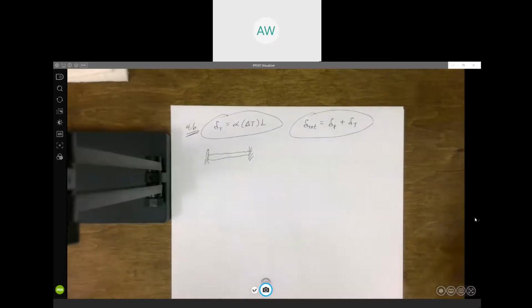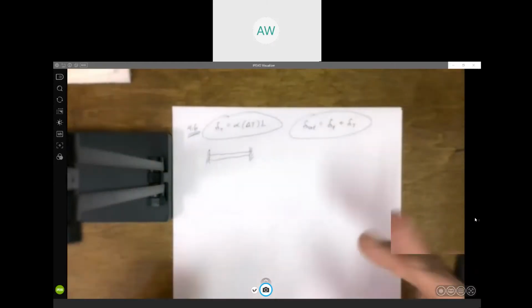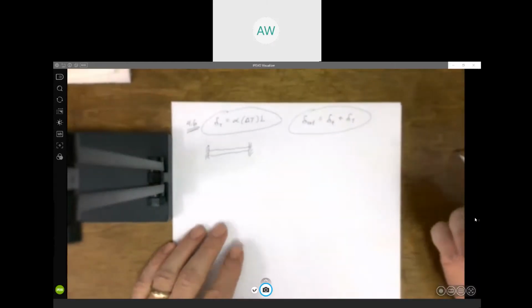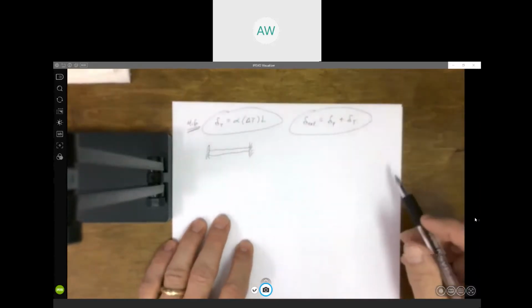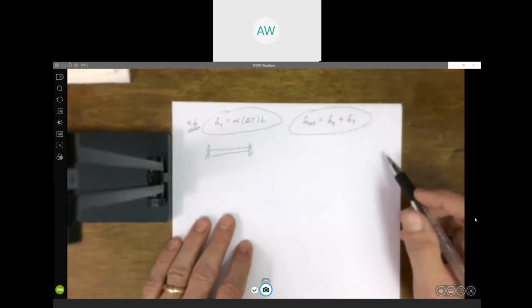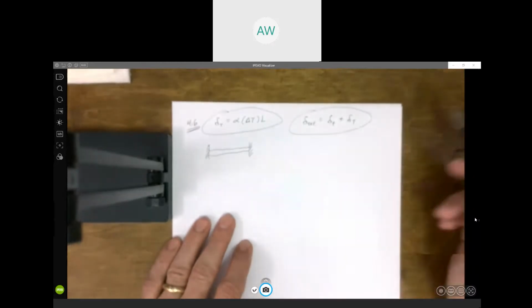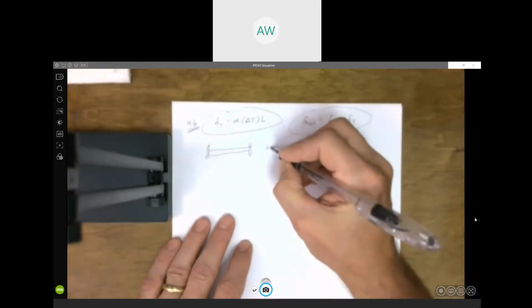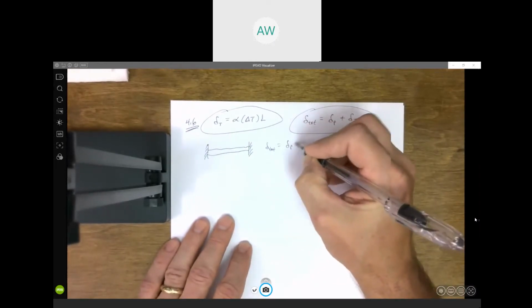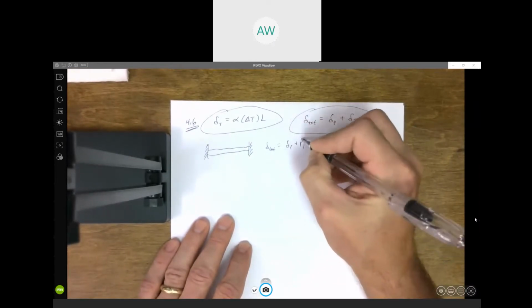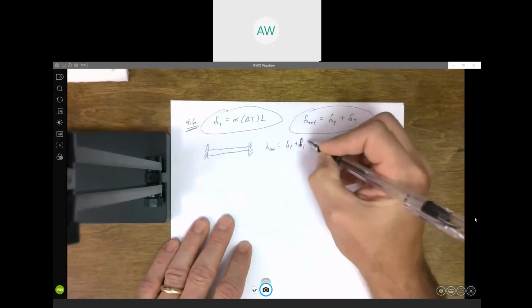Now, if the temperature goes up, it wants to, but those fixed supports push it back in and prevent it from moving. So for a problem like that, the total would be 0. If you add up those two, delta P plus delta T, it would be 0.